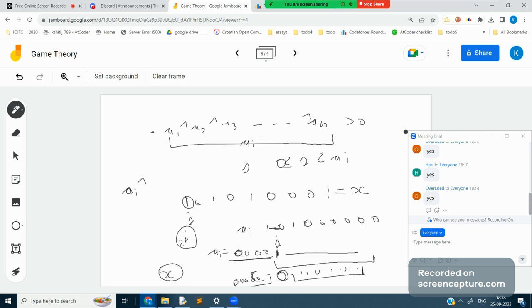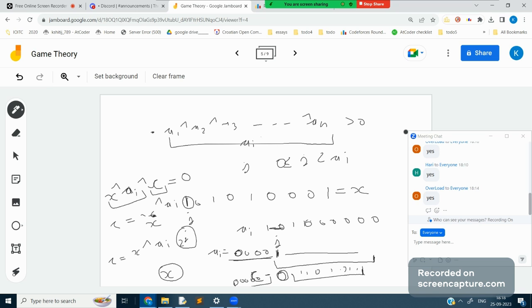X XOR AI XOR C equals 0. So C equals X XOR AI. This is the same thing, because if the XOR of these is 0, these numbers are the same. So C equals X XOR AI.